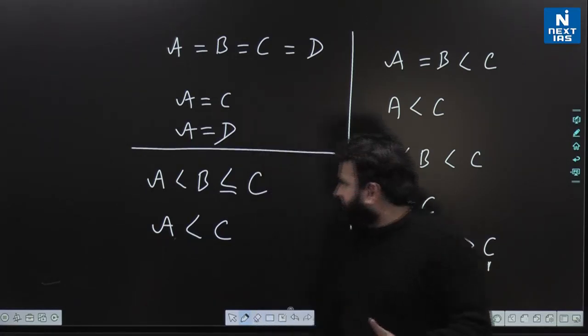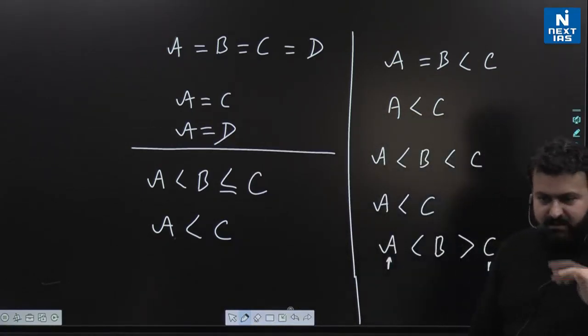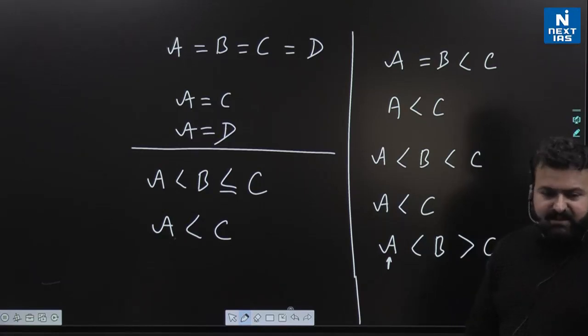So now here in this case, remember, if the same kind of symbol is followed throughout, then you can establish a relation between the variables which are not directly related also.